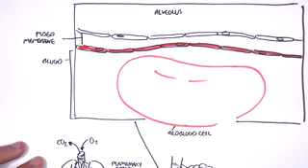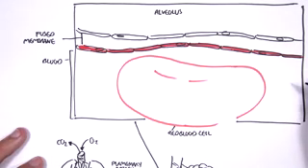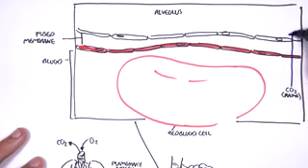So, let's first begin by looking at how carbon dioxide is transported from the blood back into the alveolus, into the lungs, so that we can exhale the carbon dioxide. If you remember from the previous diagram, some of the carbon dioxide is transported through plasma, so this carbon dioxide can just enter the alveolus.